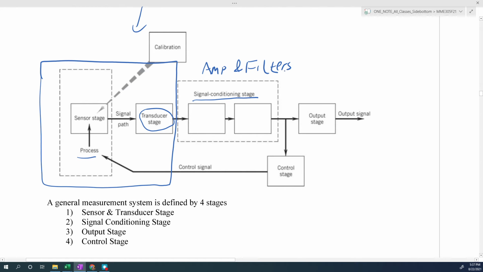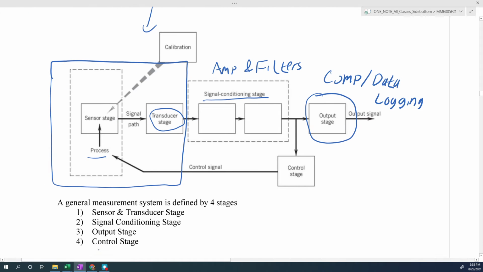And then that amplified and filtered signal goes into some form of output. That output signal is typically brought into a computer or data logging device. In addition, that signal can be used to control.